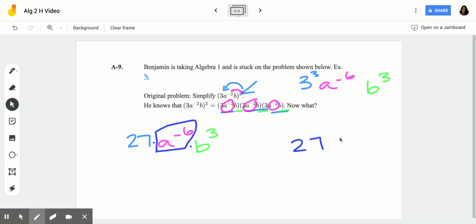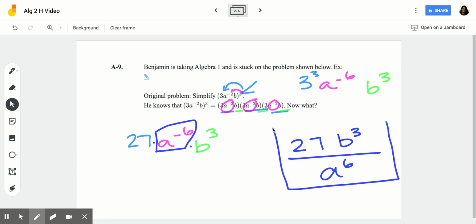This b cubed will stay on top, so will the 27. So anything with a negative crosses the line and changes the sign. This is the final answer that we should write. Okay, if we had done it from here, you would have gotten the same thing. 27, this stays on top, this moves to the bottom as a +6. Crosses the line, changes the sign.